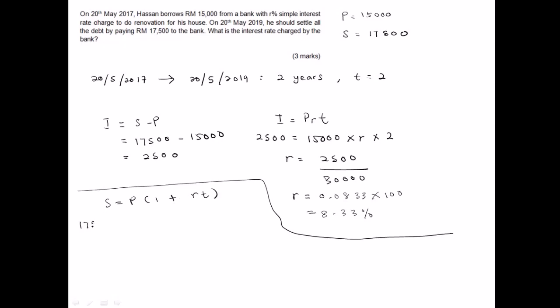Substitute S 17500, substitute P 15000, (1 plus R multiplied by 2). So 17500 over 15000 minus 1 equal to 2R. Okay, let's calculate this part.